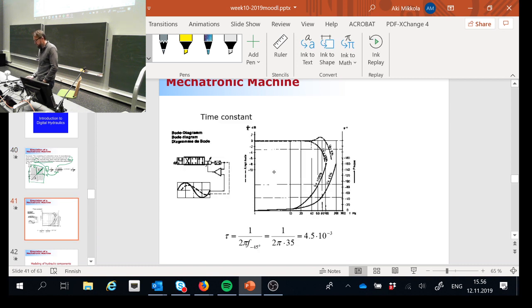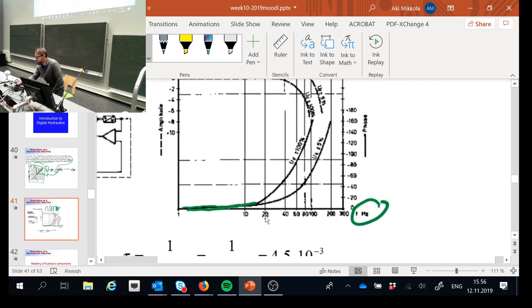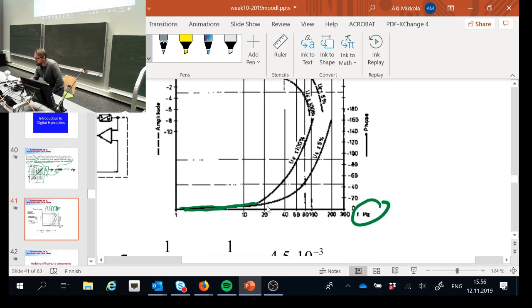Then the time constant that I need: this is a Bode diagram, and it tells you how the valve is able to follow a sine signal where the frequency keeps increasing. The frequency is on the x-axis, and you can see the valve follows the input signal with no problem until it reaches about 20 hertz. Then there is a little bit of difference, depending on whether you want full opening or an opening of 5%. Let's look at the full opening.